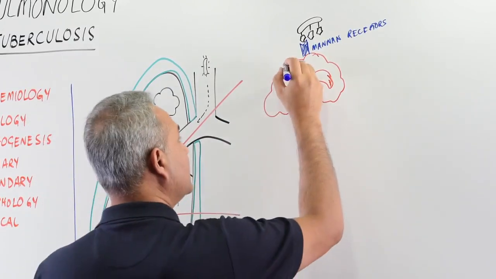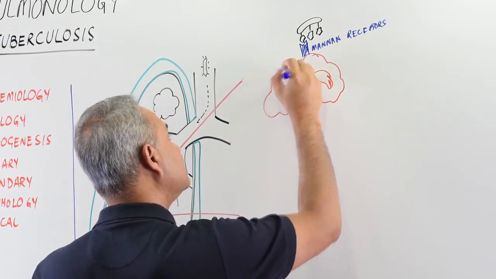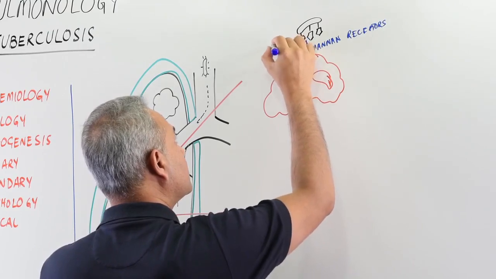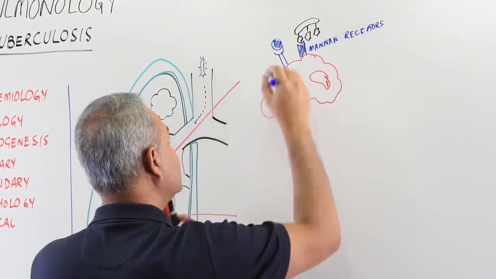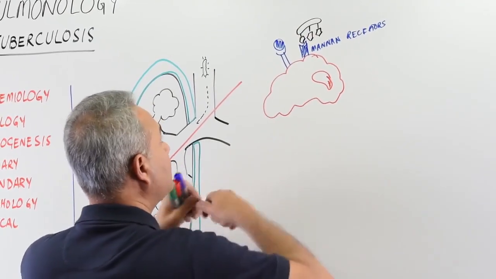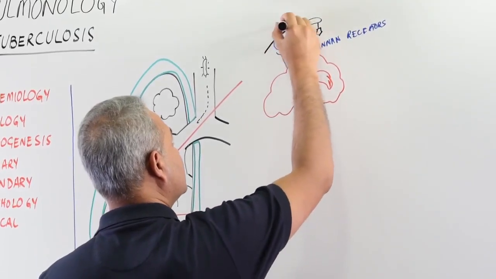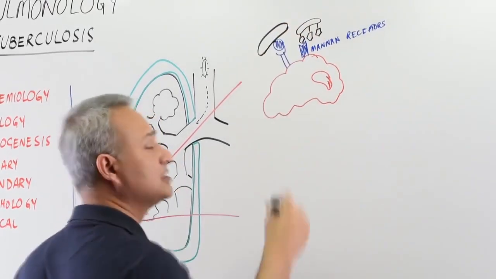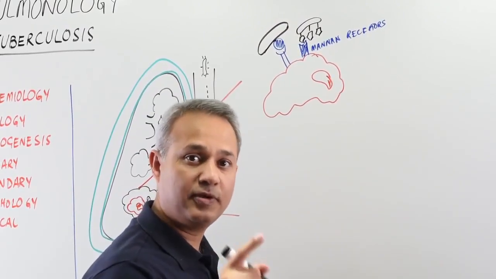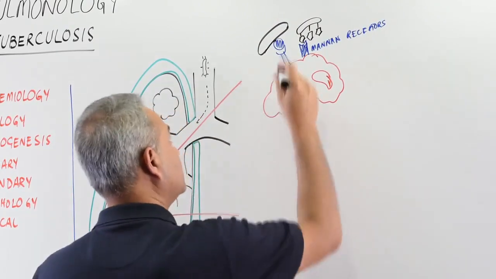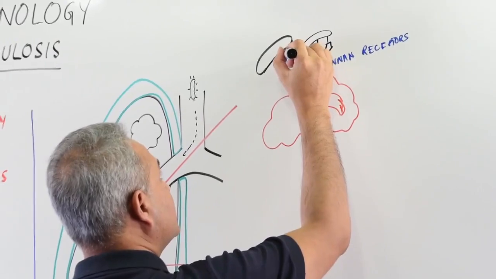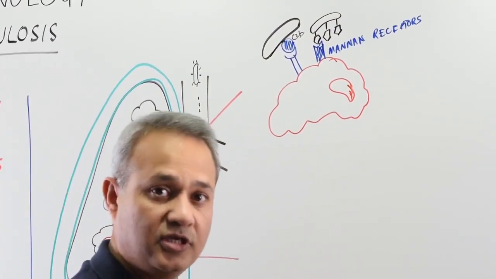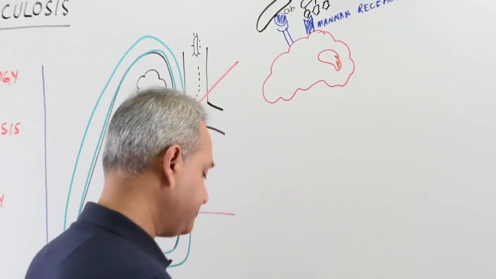The second mechanism is that the macrophage has complement binding receptors as well. So let's say this is another pathogen here. On the pathogen surface, C3b complement protein has become attached, and so the macrophage is now connected with the pathogen through C3b.